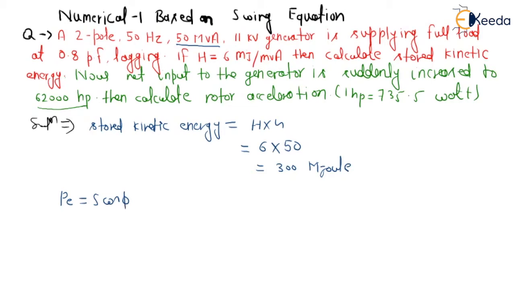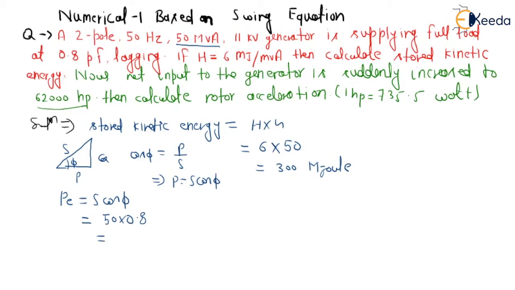We know that in the power triangle, if this is your power factor angle phi, this is P, this is Q and this is S, then cos phi is equal to P by S. From here we can clearly write P is equal to S cos phi, meaning the power delivered is equal to S cos phi. S value we know is 50 MVA, so 50 into 0.8 is 40 megawatt. So initially P is equal to 40 megawatt, and initially at rest PM is equal to PE.